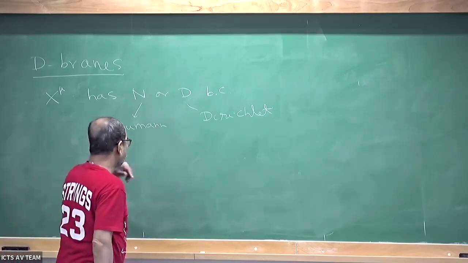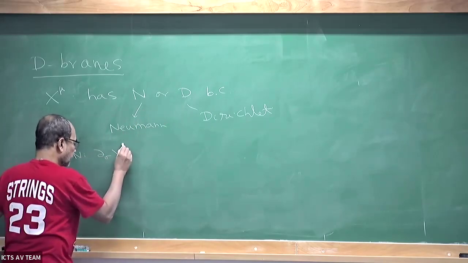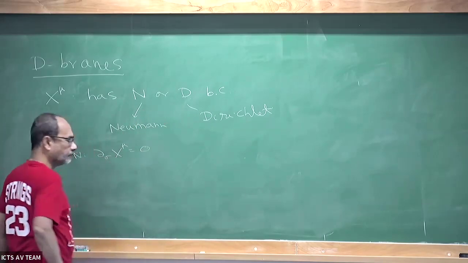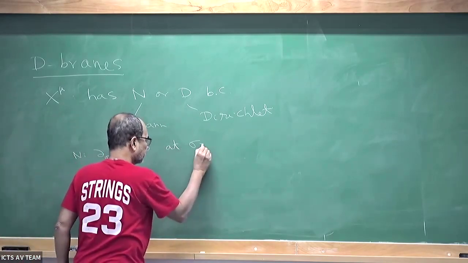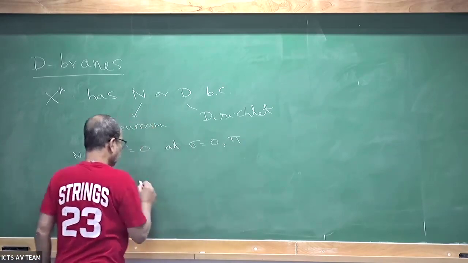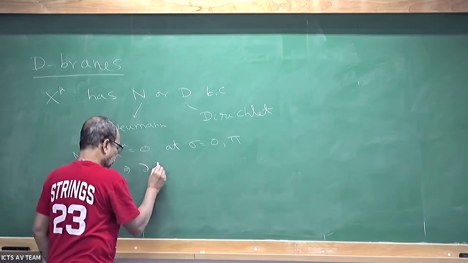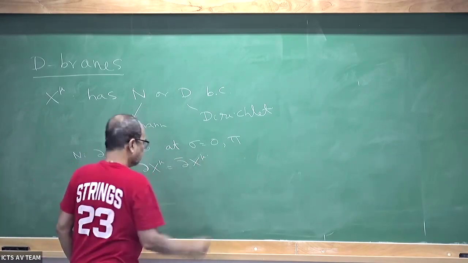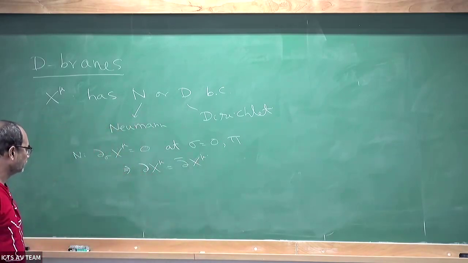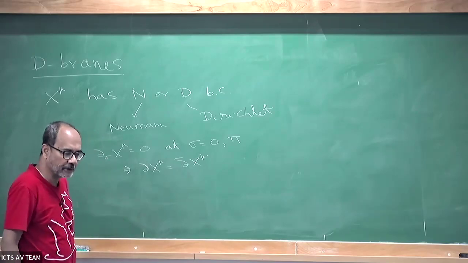So Neumann boundary condition on X^mu corresponds to del_sigma X^mu equal to 0 at sigma equal to 0 and pi. And this translates to, okay, because tau appears with the same sign in z and z bar, sigma appears with opposite sign.